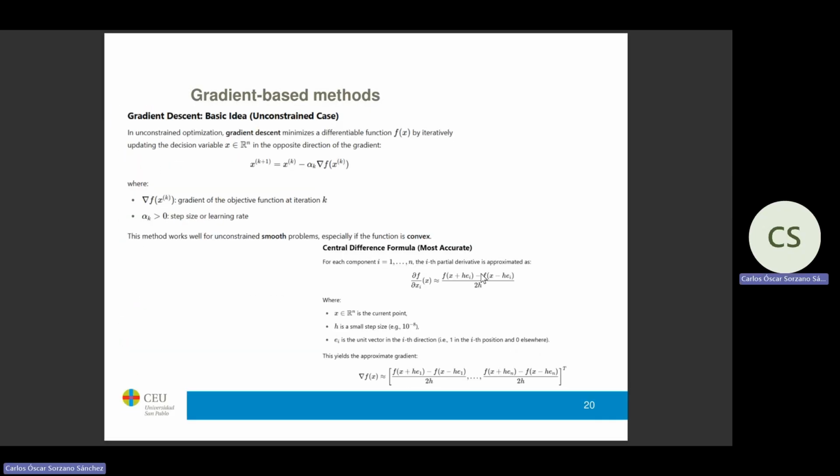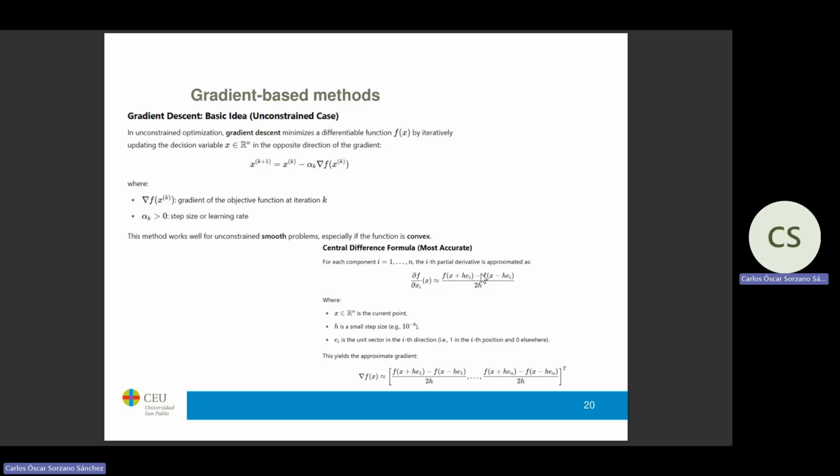You see, what I have just explained with words is the basic gradient descent algorithm. In the unconstrained case, so for the moment we are forgetting about the constraints, you have a current point, you evaluate the gradient at that point, and then you go in the opposite direction.